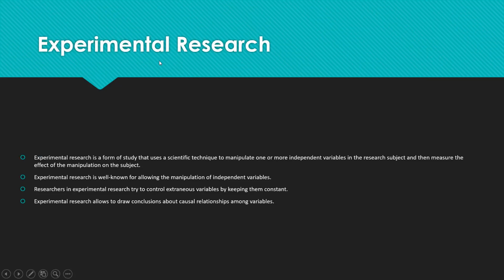Experimental research is a form of study that uses a scientific technique to manipulate one or more independent variables in the research subject and then measure the effect of the manipulation on the subject. This research is well known for allowing manipulation of independent variables.